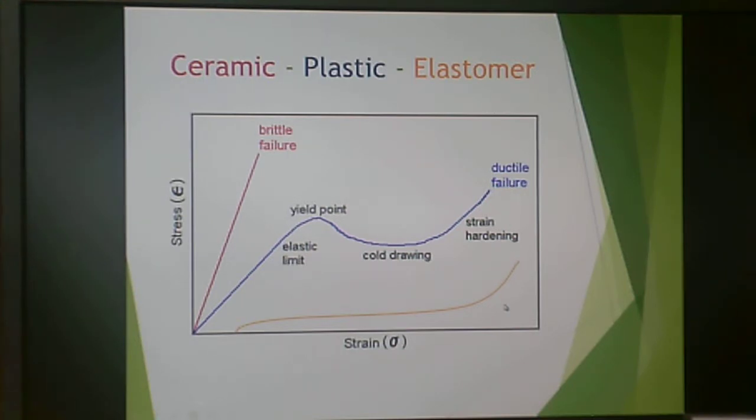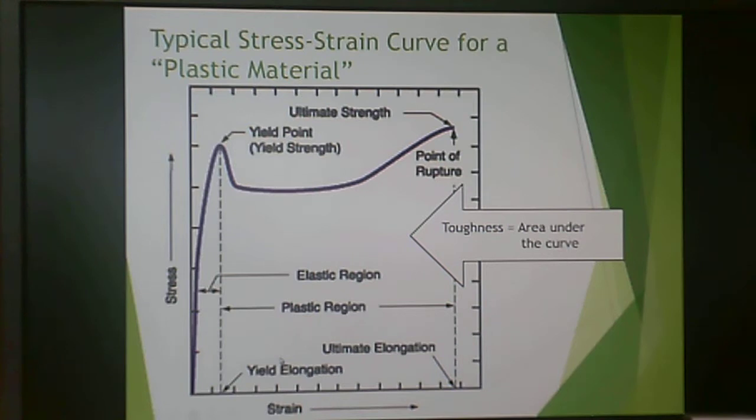If you have a typical plastic, you will get an elastic region, a yield point, you'll get your plastic region, and then you'll actually get your failure. So this is a ceramic or a brittle plastic, a traditional plastic, and then an elastomer that are conveniently color-coded for your reference. This is a typical stress-strain curve for a plastic material.